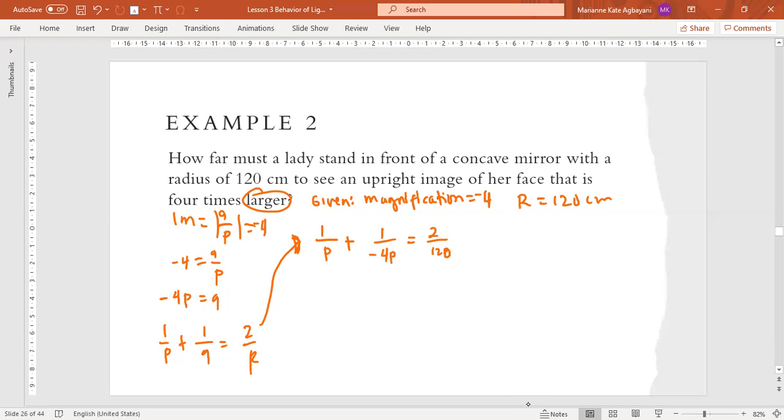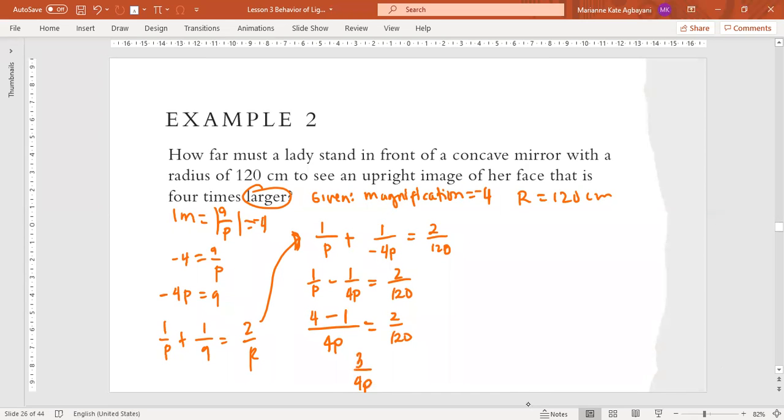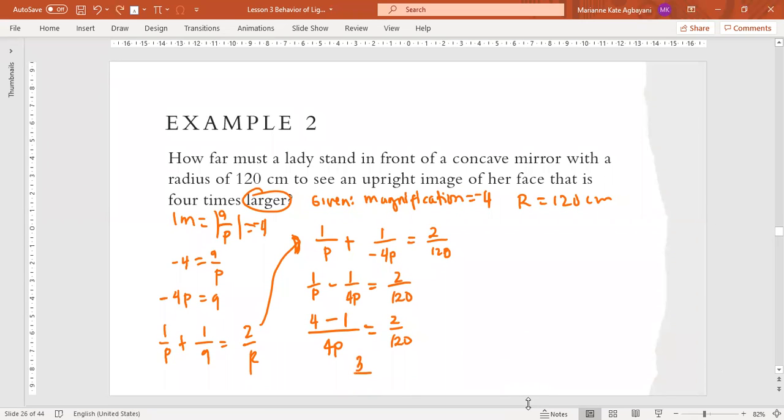Now this is negative, so it will be 1 over P minus 1 over 4P, equal to 2 over 120. Now, get the common denominator. We have 4P, that will be 4P divided by P, that is 4 minus 1, equal to 2 over 120. So we have here now 3 over 4P, that is 4 minus 1.